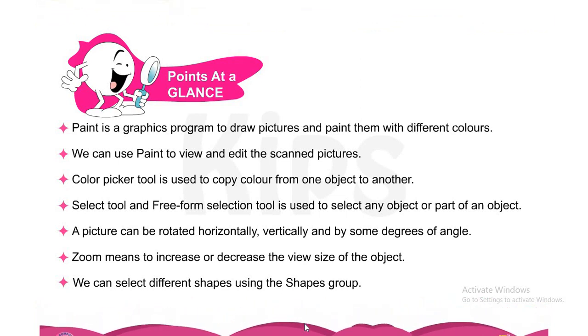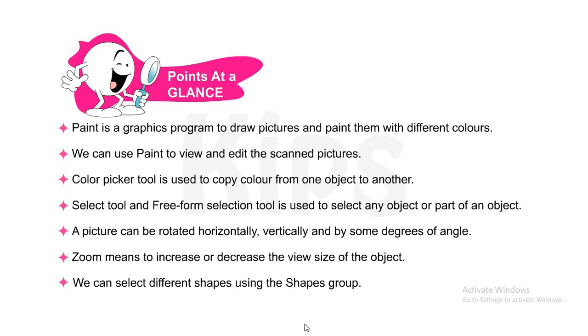Okay, students. Hope you understand this chapter with the help of this video. With the help of this video, you learn what the tools of Microsoft Paint are. Then with the help of different tools like oval shape tool, color picker tool, select tool, freeform selection, this type of tools you can use to draw and color your picture or a drawing.